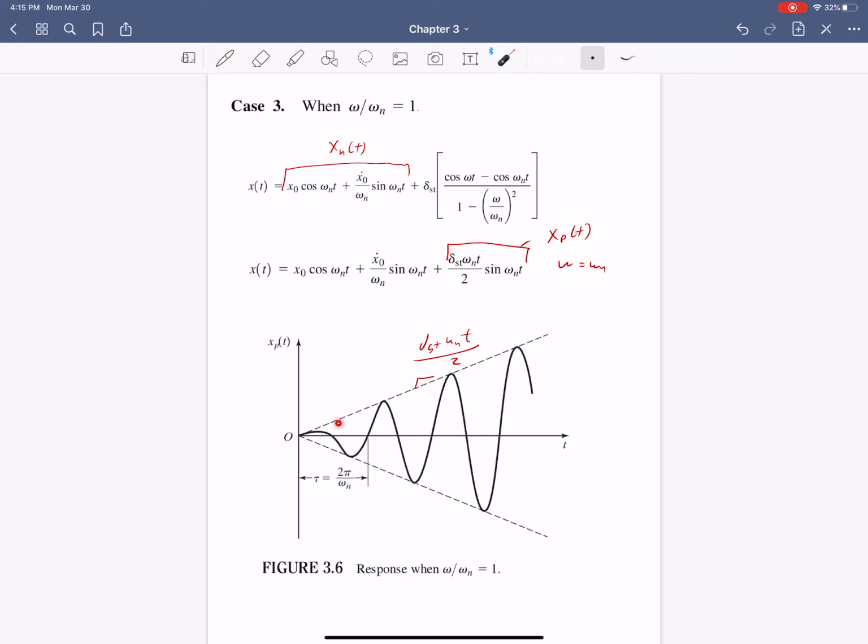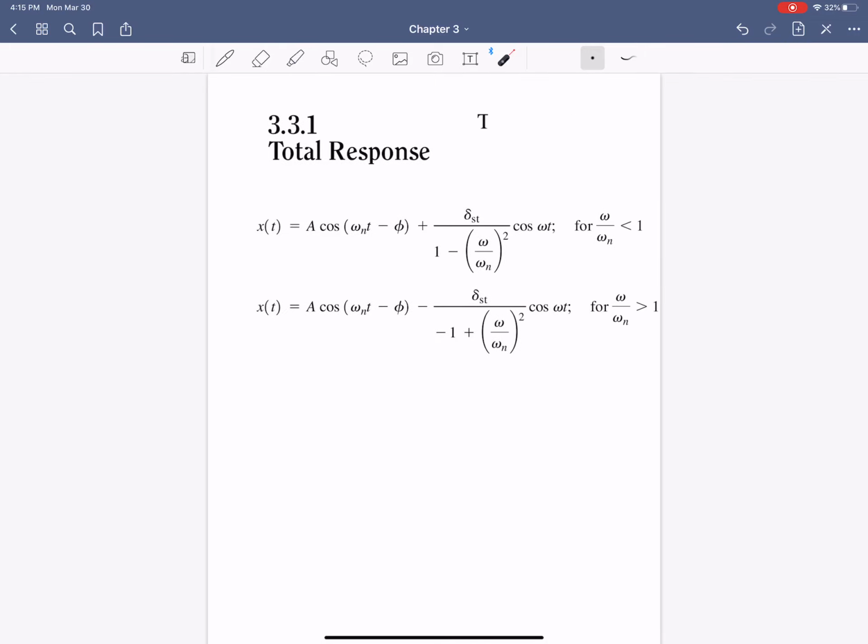And you can see it just takes off like nobody's business. And that is kind of what happened to the Tacoma Narrows Bridge: it kept on vibrating more and more, because each cycle, more and more energy is effectively being put into the system, okay? And that is our response when omega over omega n equals 1.